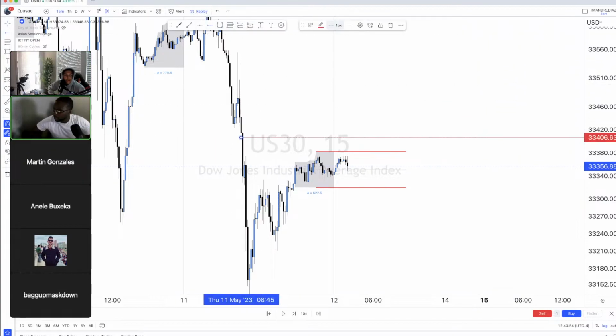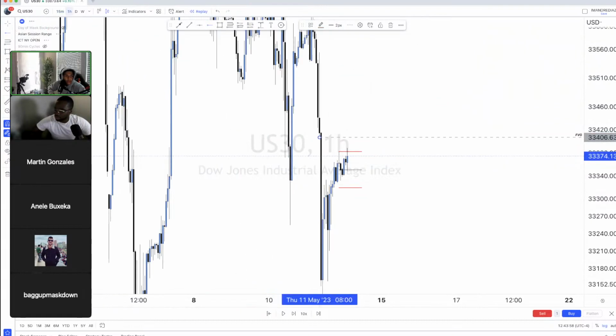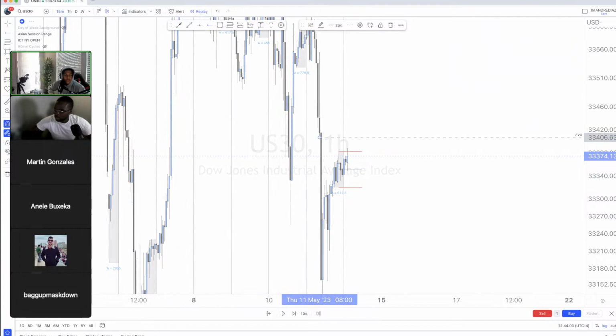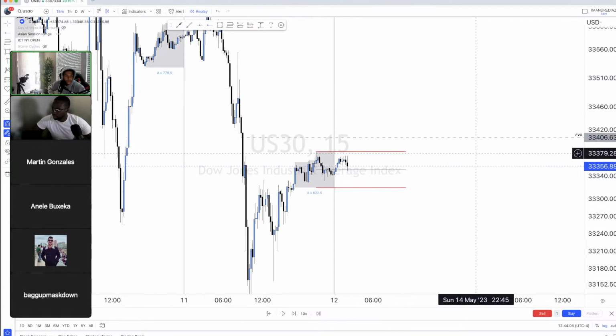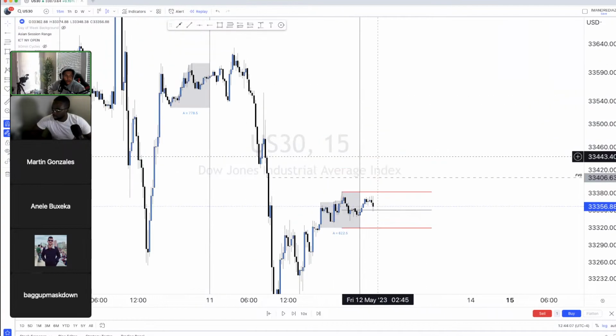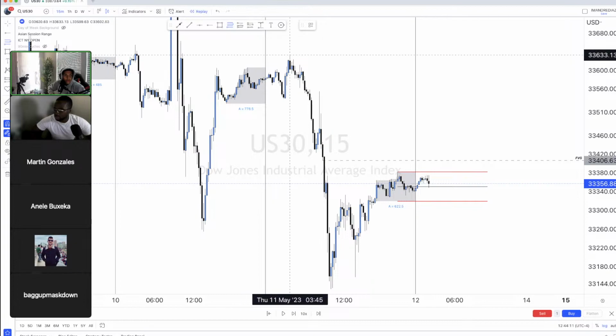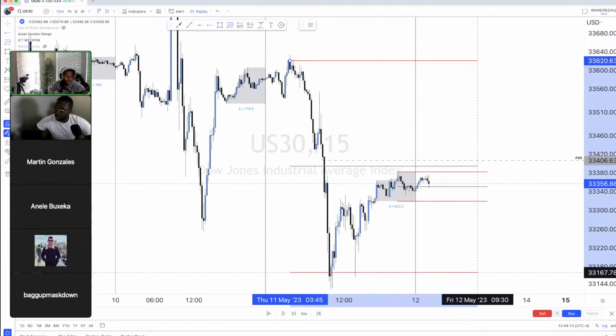All right, got this fair value gap on the 15 right here. That's also the hour, and the hour also has one in there. So I'm gonna watch that area ideally. Everything's still bearish, so I'm still ideally looking for more bears. Let's pull this fib. I want to see where.